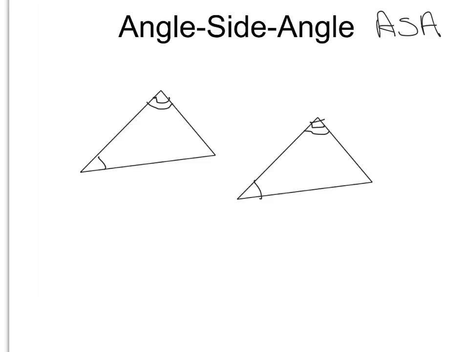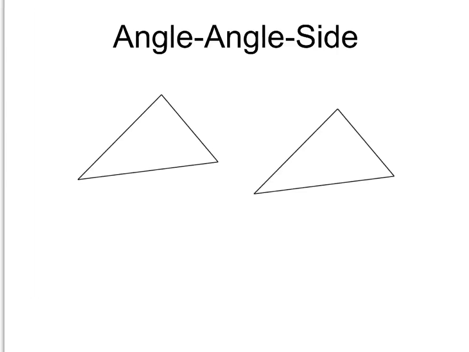Now, for it to be angle, side, angle, the side that is congruent has to be between those two angles. So it would have to be this side right here. That's angle, side, angle.